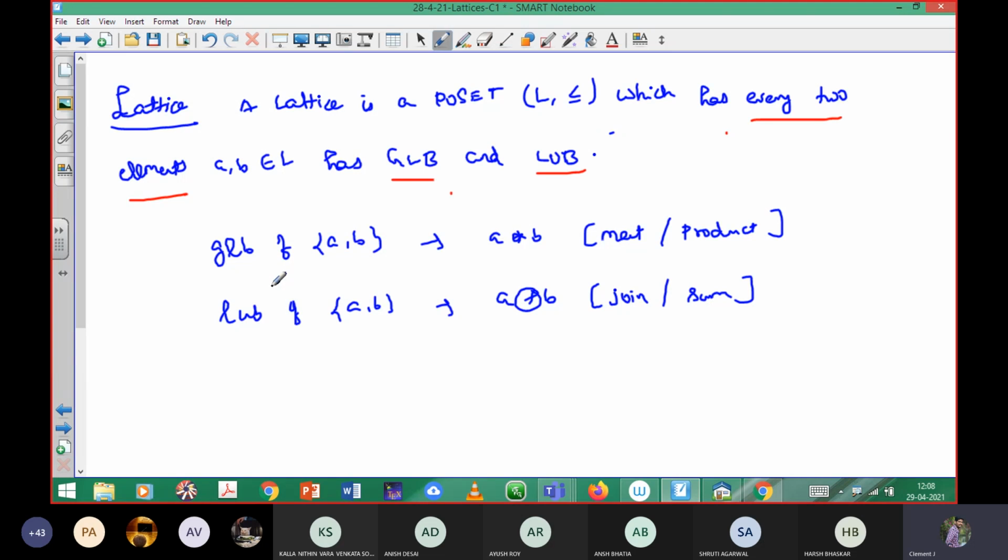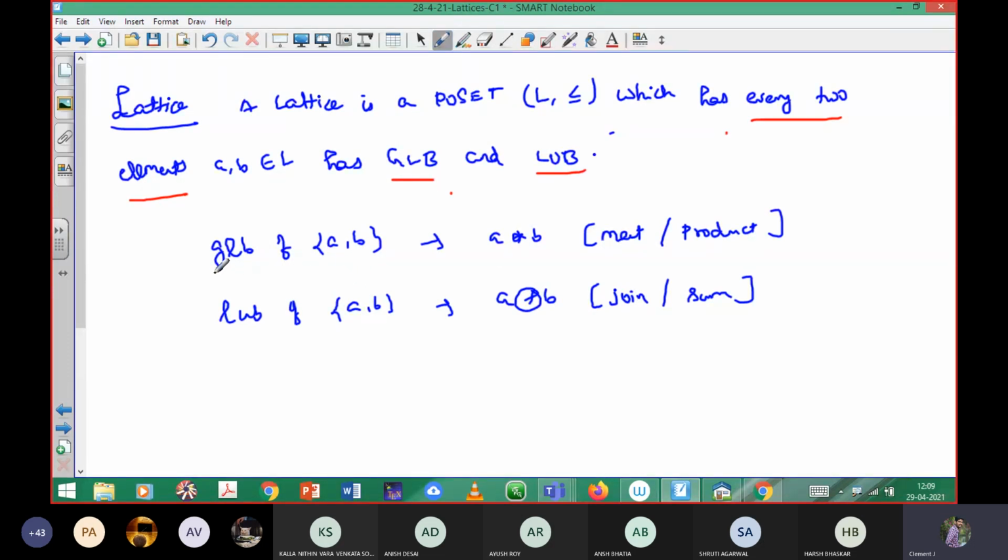But in the lattice case, you are supposed to investigate only between two elements, not more than 2 elements. So there you are going to apply GLB and then LUB between 2 elements of the set.